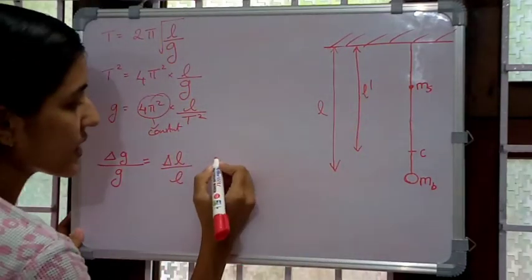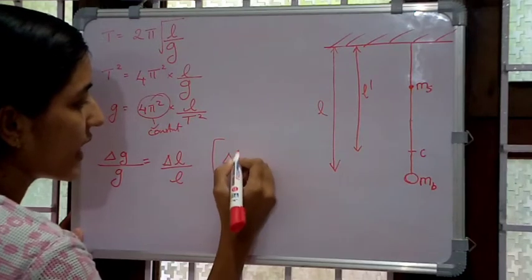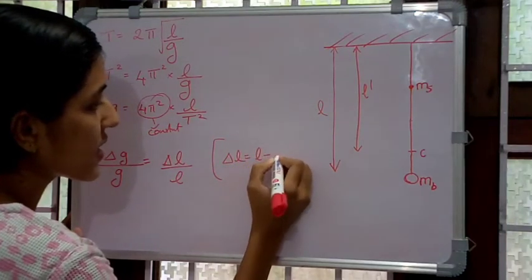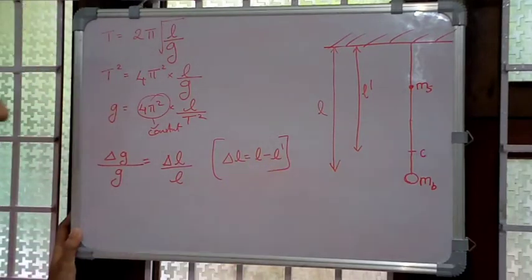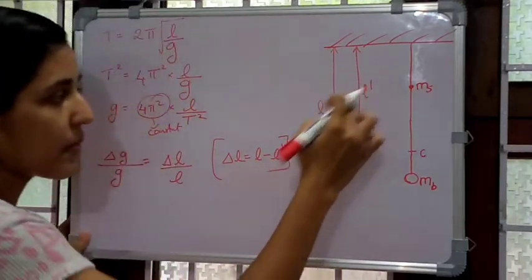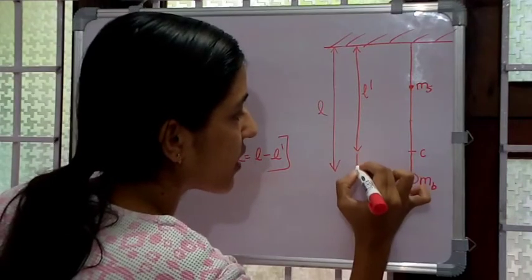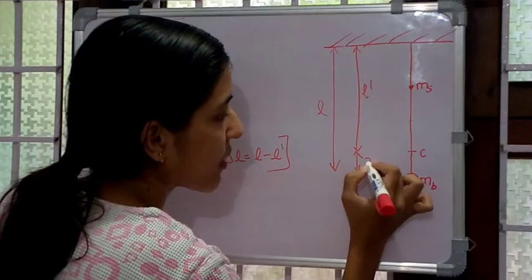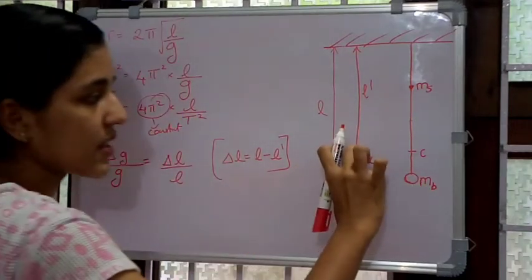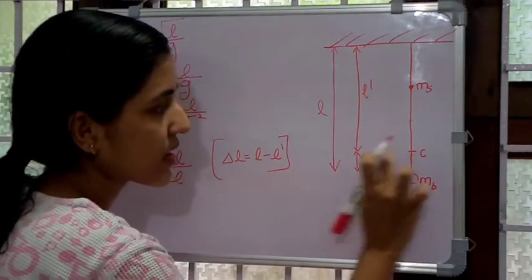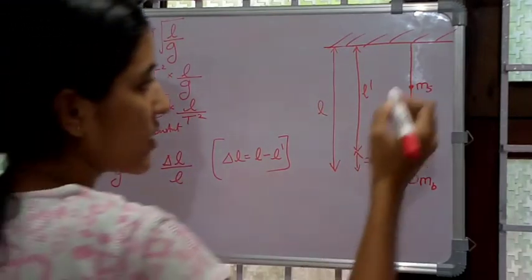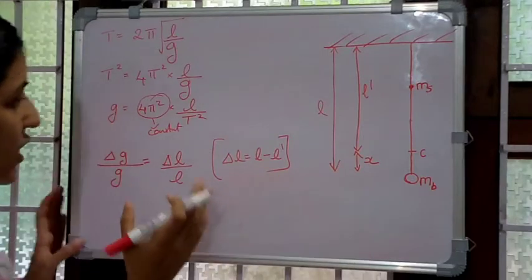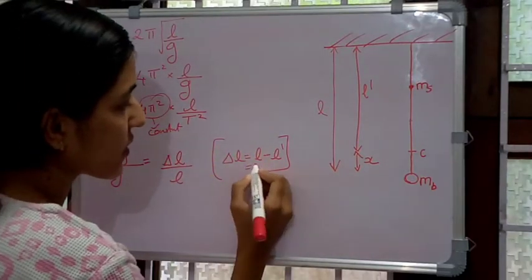So we can write delta L as L minus L dash. So this L minus L dash will give this length, which I am naming x. So this small distance is x, and now we have to find the value of x.